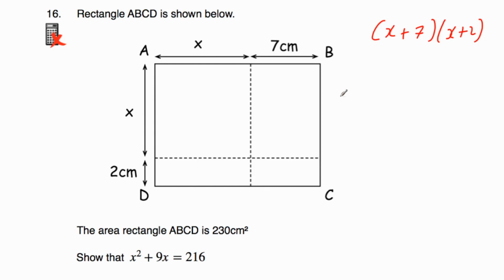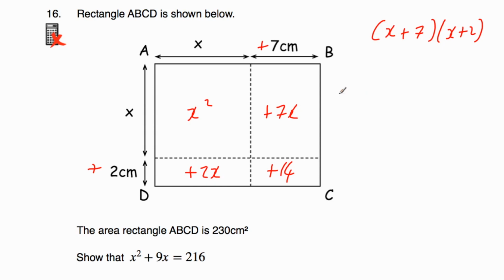Now I haven't actually set up a grid in this question because the diagram is actually a grid for us. We've got our x plus 7 and we've got our x plus 2. So x times x is x squared, x times 7 would be plus 7x, x times 2 would be plus 2x, and then 7 times 2 would be plus 14.